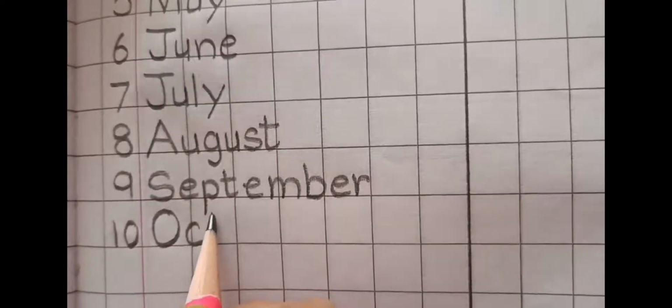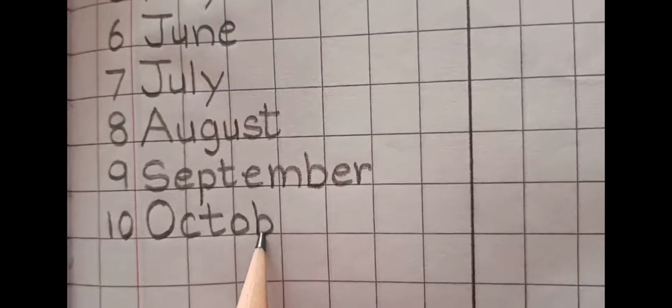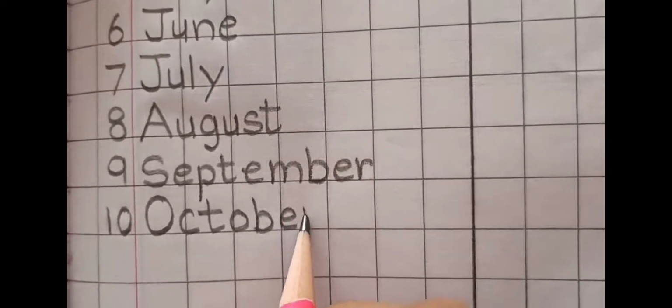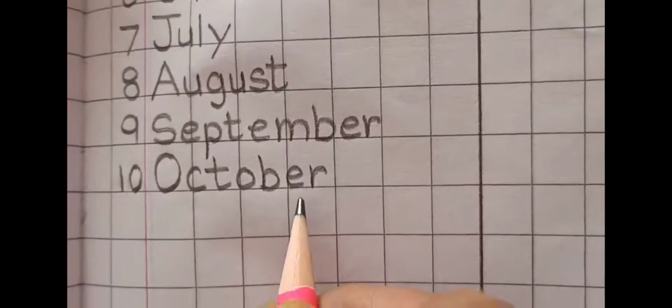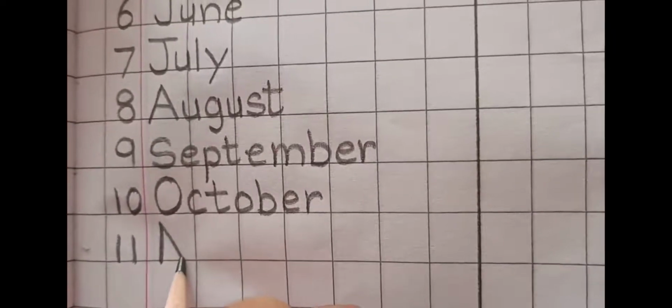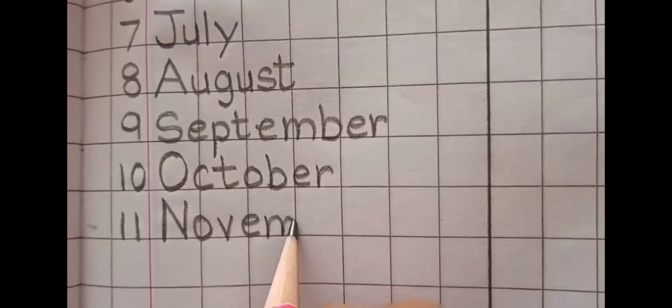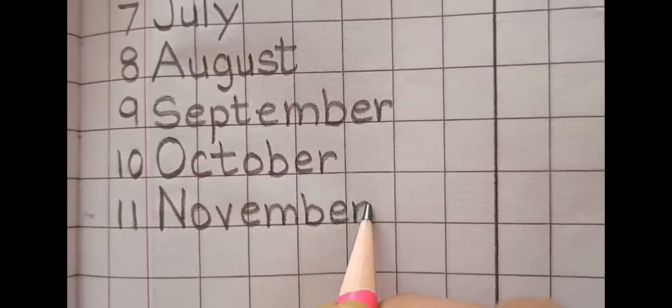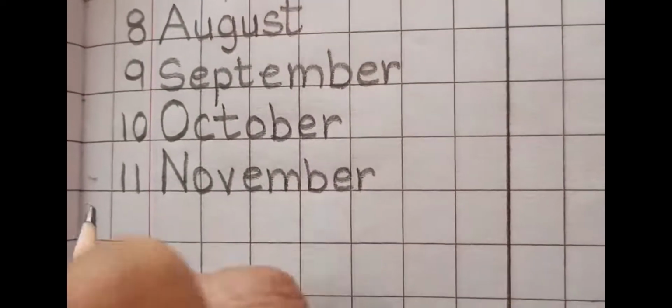Capital O, c, t, o, b, e, r, October. 11th month is November. Capital N, o, v, e, m, b, e, r, November.